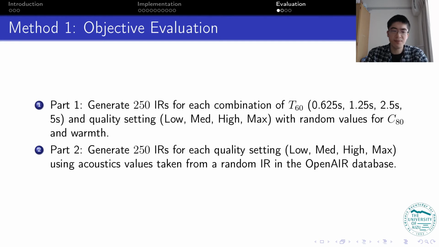So now that we have our implementation, the last thing we wanted to know is how well our artificial impulse responses actually match the constraints given by the user or the plugin. Right now we have two different methods for evaluating the algorithm. The first one is rather simple.